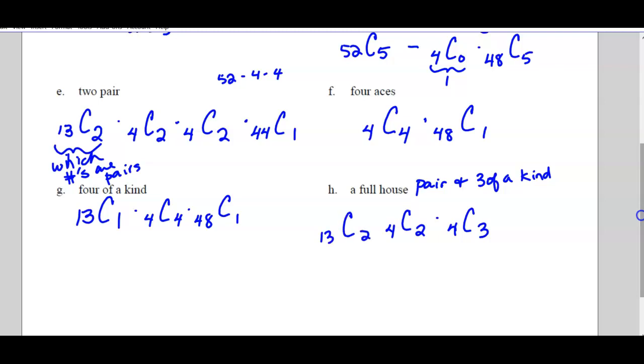13C2, that's saying, let's say it's Jacks and 2s. If this is Jacks and this is 2s, is that different from this being 2s and this being Jacks? Yes.